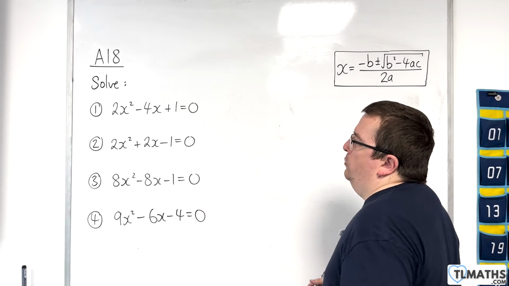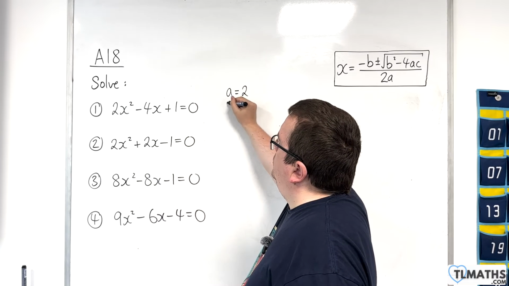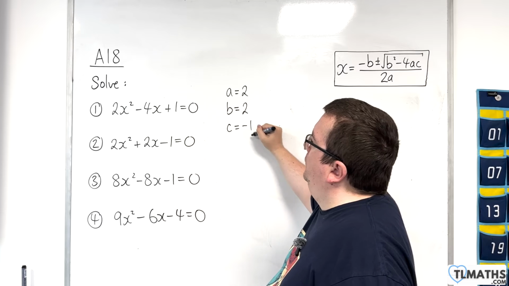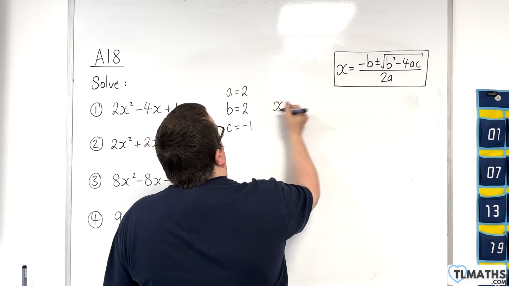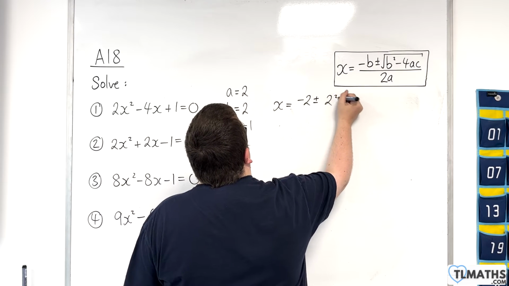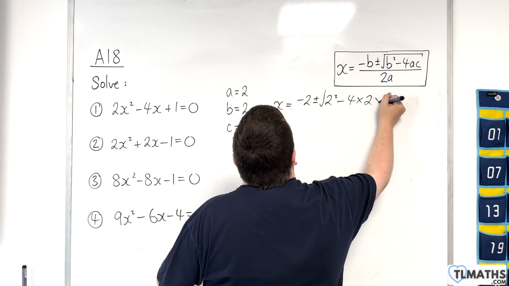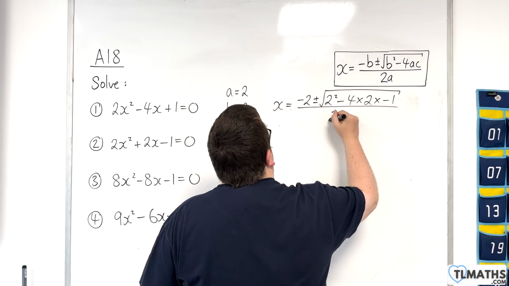Okay, number 2. We have a as the coefficient of x squared, which is 2, b is the coefficient of x, which is 2, c is the constant term, minus 1. So x is equal to minus b, so minus 2, plus or minus the square root of b squared, so 2 squared, minus 4 times a times c, all over 2a.